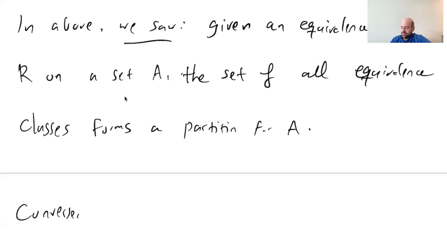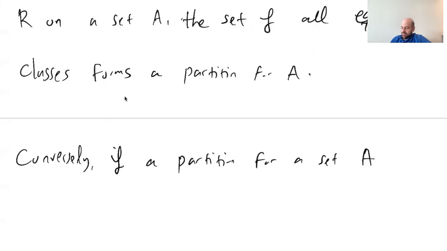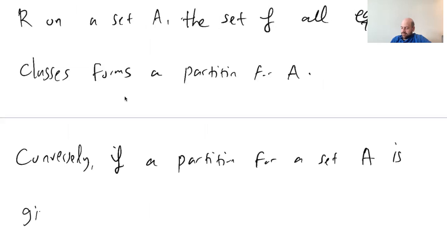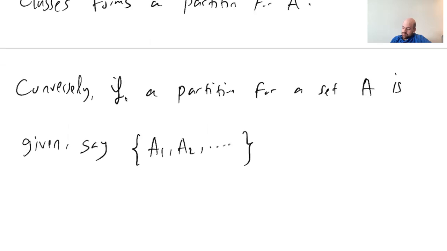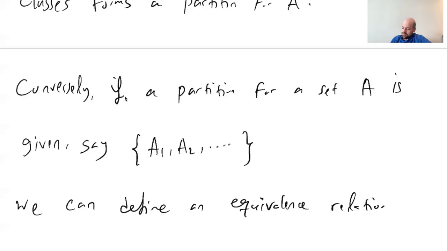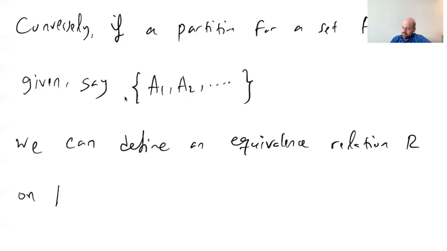Now conversely, if a partition for a set A is given, say for example A1, A2, and so on, then given this we can define an equivalence relation R on A as follows.